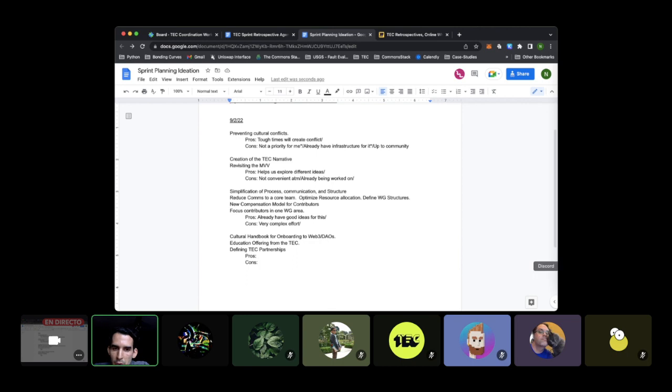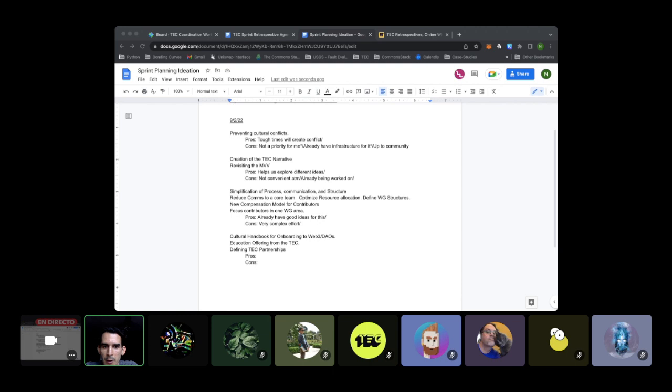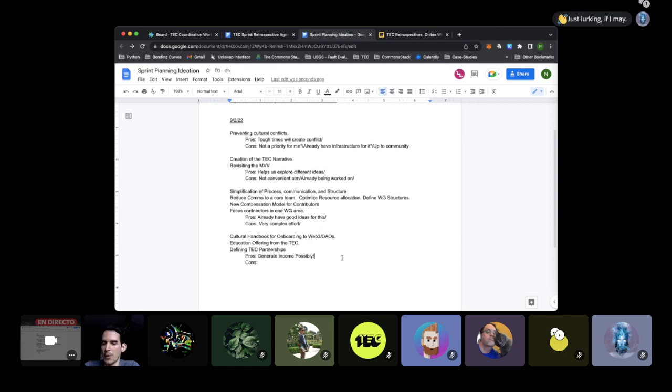Okay, so the education offering from the TC, again, it would generate income, and it would be sort of the happy fusion between degen and regen, in a way that we would be keeping true to our mission, vision, and values, advancing token engineering through an education product or service, and at the same time preserving ourselves, or addressing the economic scarcity that right now is trickling down into cultural aspects, and lack of people contributing, and slower pace.